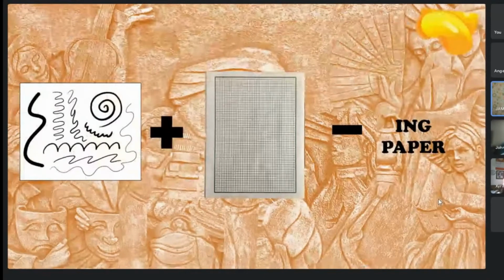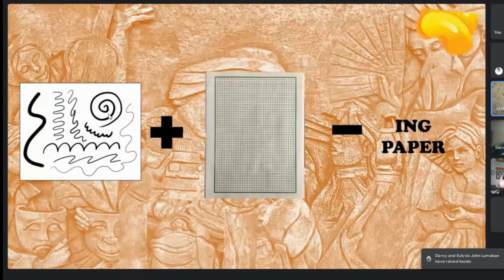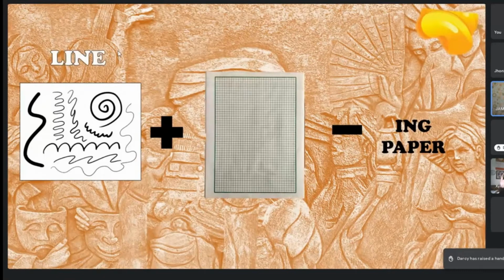We have here the yellow one. Can you decode this message? This picture plus this picture, minus ing and paper. What do you think is this picture? Anyone? Darcy? Lines. Okay, so we have here line. Plus, how about this picture?